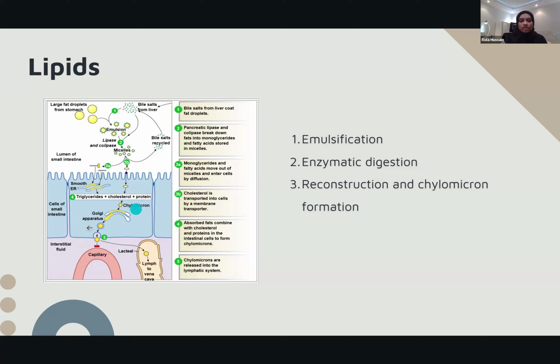That is done inside the cell. A chylomicron is formed, and then the chylomicron can either go into the blood circulation in the capillary, or it can go into the lacteal, which leads to the lymphatic circulation.